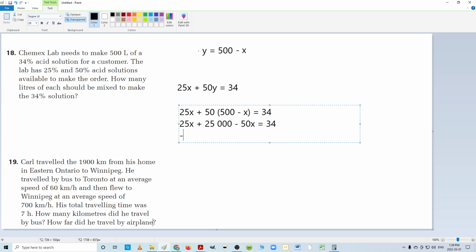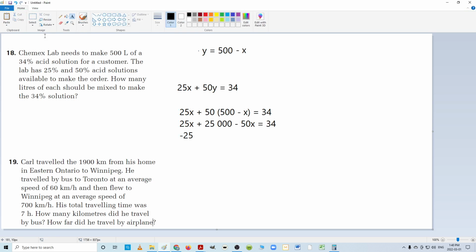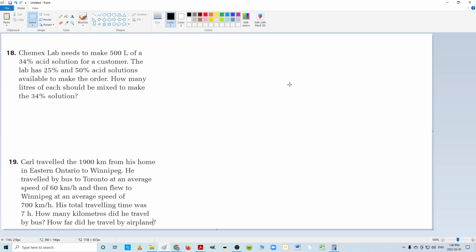No, that won't work. I think I made a small mistake somewhere here. Maybe it'll work. I don't think it will, though. Yeah, you don't mix 1,000 liters to produce 500. So I made a small mistake somewhere. So let's go back to all my originals and ask myself, what's wrong with this?